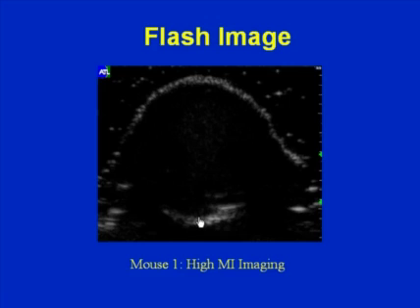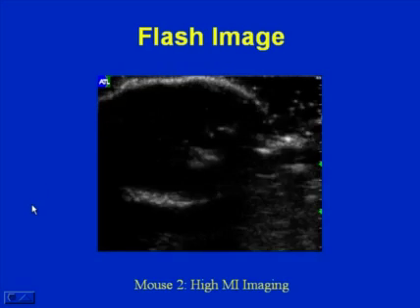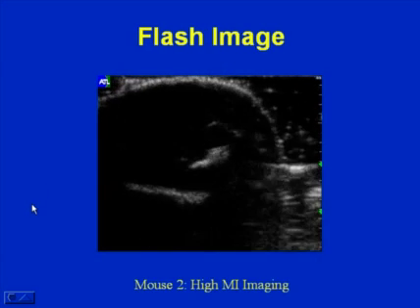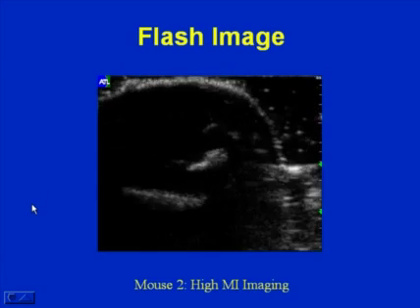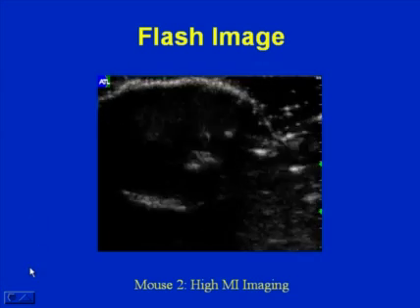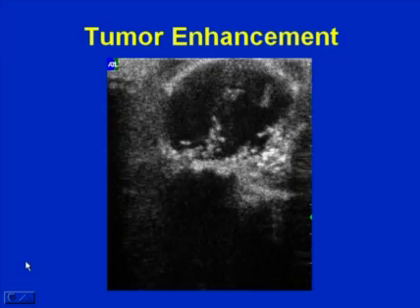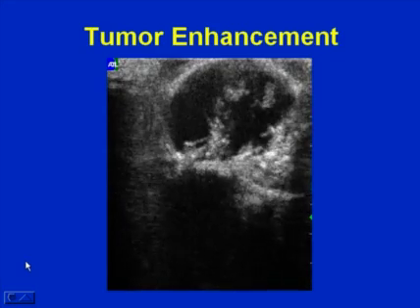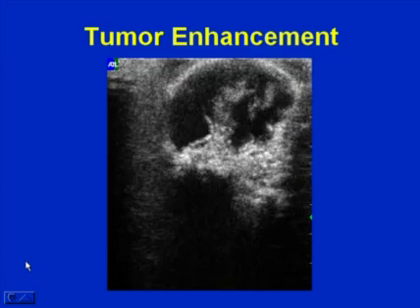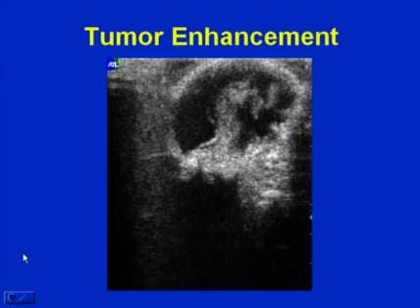Now, if we varied our flashing sequence, you can see in this tumor, we could destroy the microbubbles and watch as they come in. Or, as in this case, we do continuous visualization of the flow within the capillaries as the microbubbles perfuse this necrotic tumor.